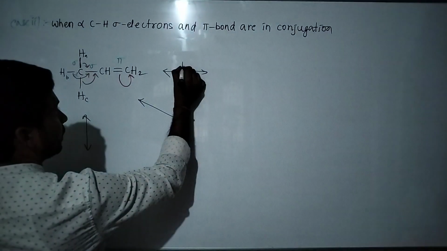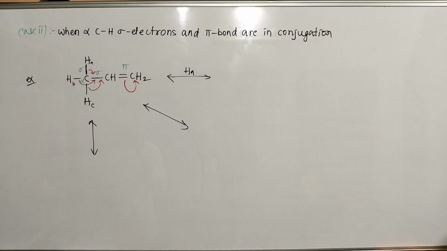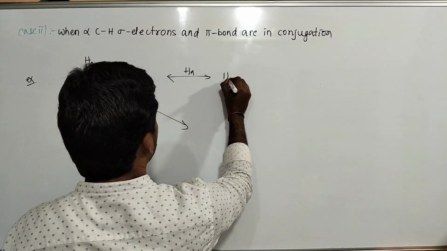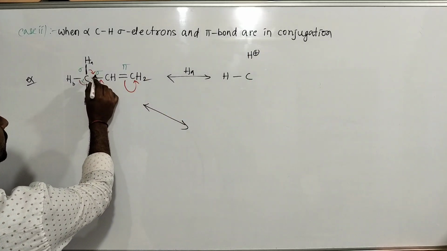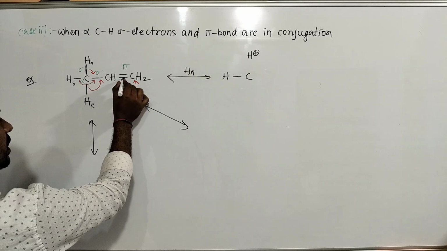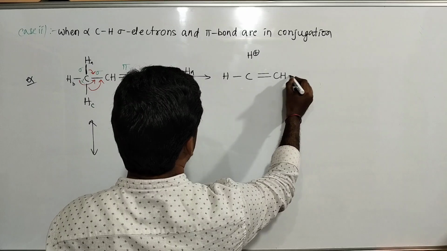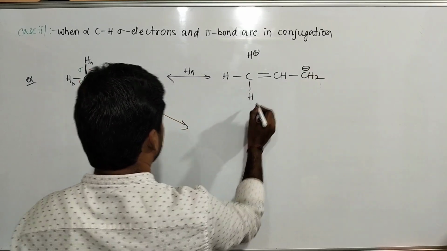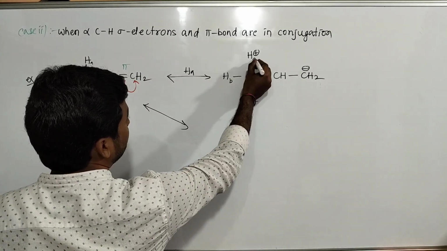Due to HA, hyperconjugation of this hydrogen, that leads to H here. This hydrogen becomes positive because these 2 electrons shift between these 2 carbons and the pi bond shifts towards this carbon. Then that gives a double bond here, and this carbon becomes negative. The same happens with B hydrogen and C hydrogen.